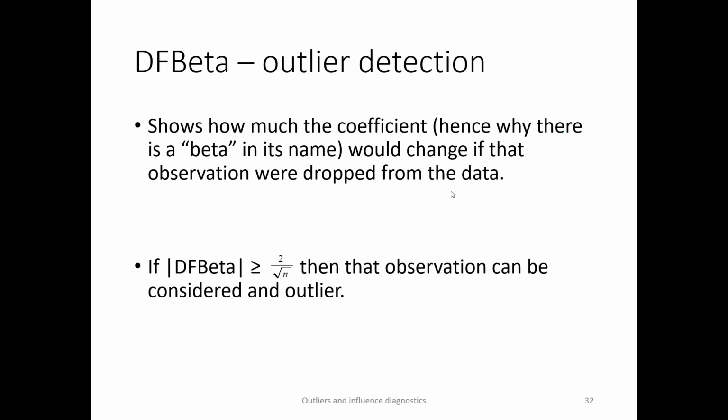Then we'll say, okay, that's an influential observation because it had a leverage value greater than the leverage cutoff of this, or a DF beta 0 value greater than the cutoff for DF beta of this, and so on.